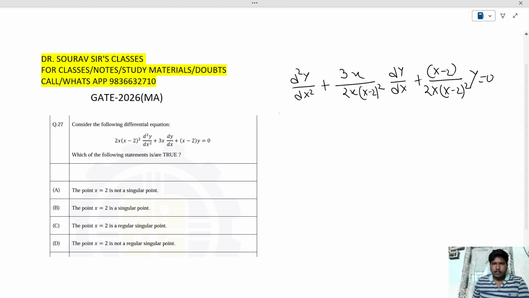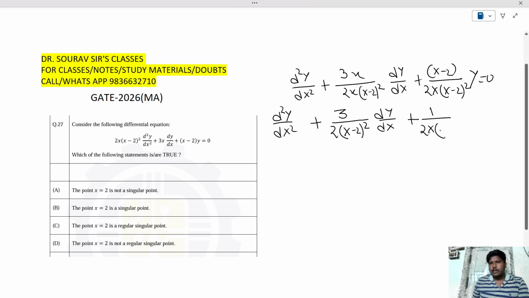That means this can finally be written as d2y by dx square plus 3 by 2 into (x minus 2) square dy by dx plus 1 by 2x (x minus 2) into y equals 0.